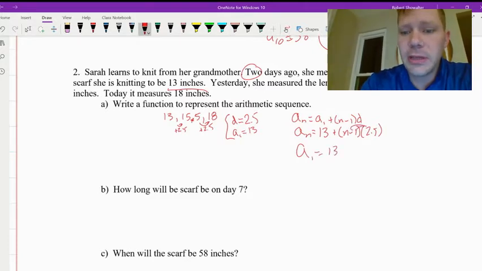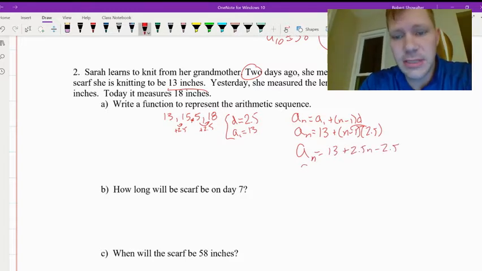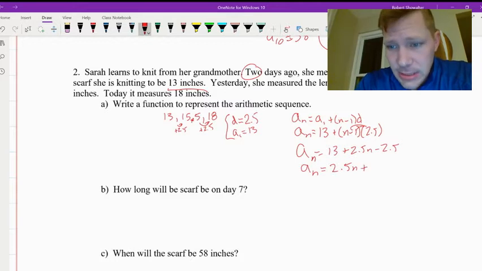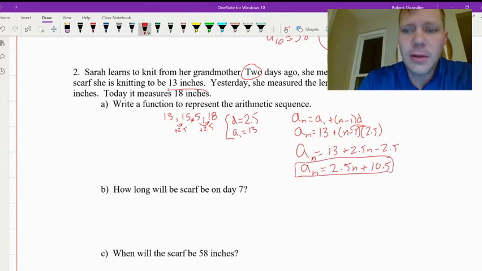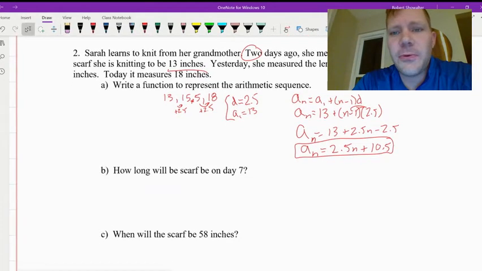We get a sub n equals 13 plus 2.5n minus 2.5. Continue to simplify. A sub n equals 2.5n plus 10.5. That would be our explicit form of our arithmetic sequence, or the function that represents the arithmetic sequence.